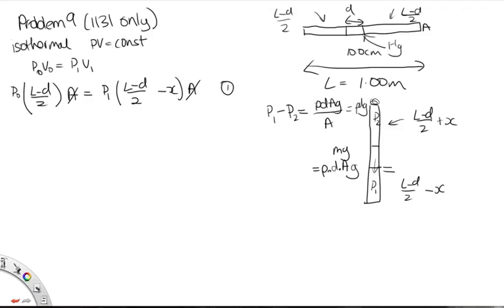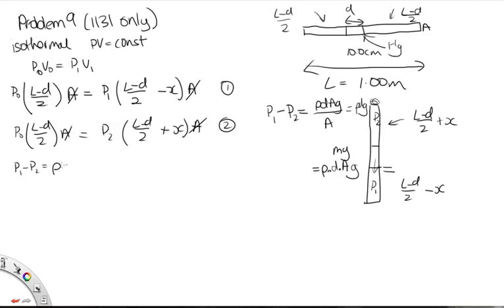For this second half here, we've got P0 times L minus d over 2 A, the same, at the same pressure and volume as this one, is equal to P2 times L minus d over 2 plus x times A, and once again our A's will cancel out. Now we've said that the difference between P1 and P2 is given by rho d g. So P1 minus P2 is equal to rho d g, and we can rearrange equation 1 to get P1.